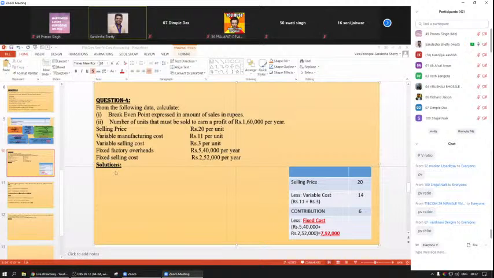So your first calculation should be PV ratio. Remember, without PV ratio you cannot go for break-even point. What is the formula? Can we apply contribution divided by sales, or changes in profit upon changes in sales?